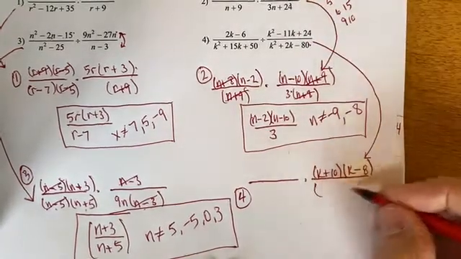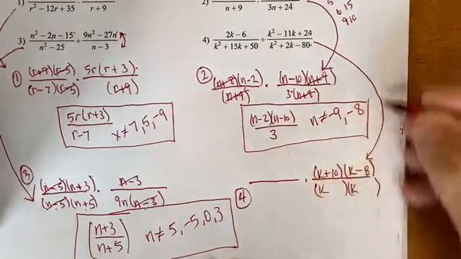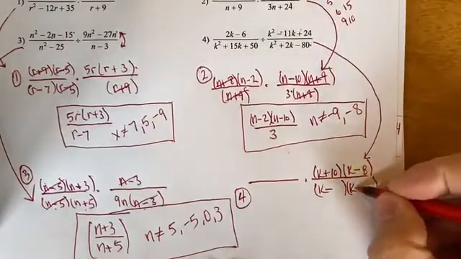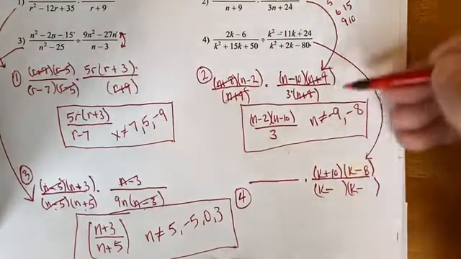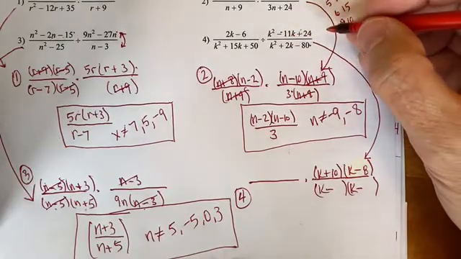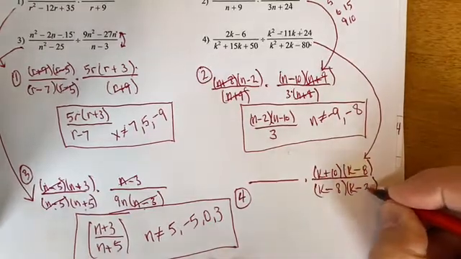This one, k, k. This negative sign drops down, and the second one has to change. Two numbers that multiply to 24 and add to 11. Is that 6? No, 8 and 3.